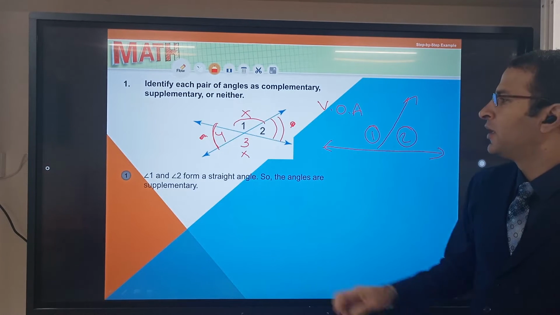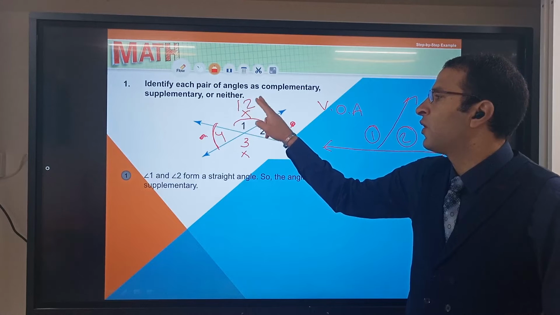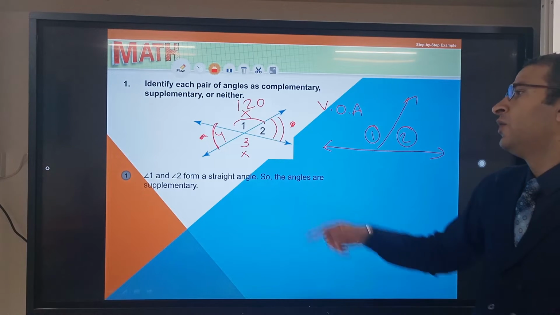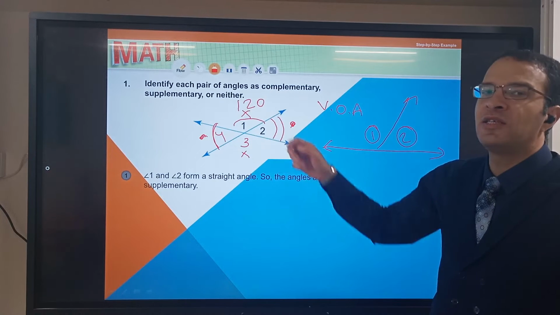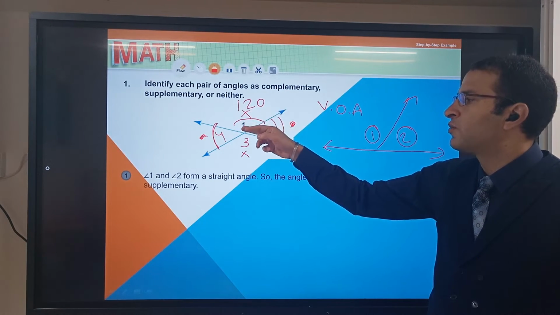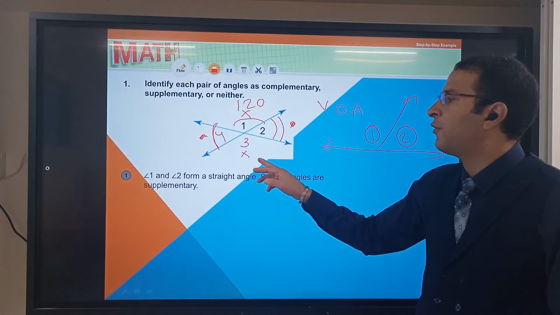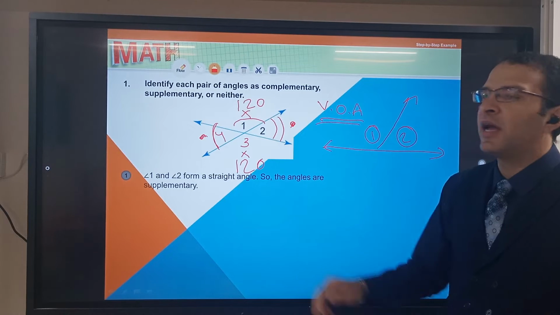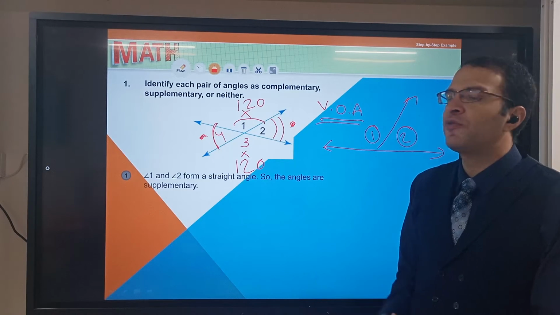For example, if I say this angle is equal to 120, how can I find the remaining angles? This opposite angle will be equal to that. This angle of 120 is number 1, so angle 3 will be equal to 120. Why? By vertically opposite angles. How can I find the measure of angle 2?